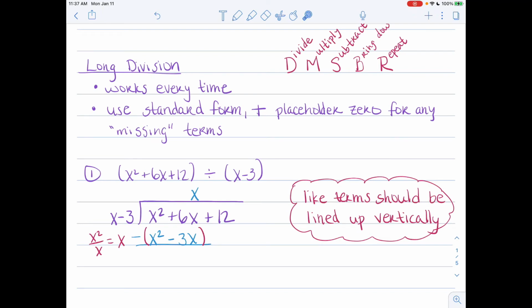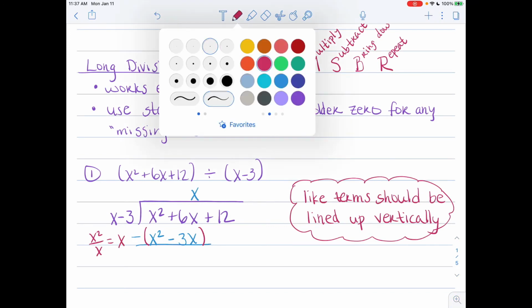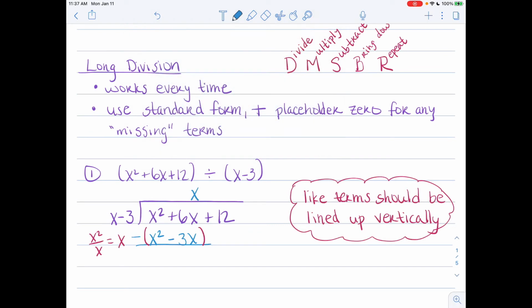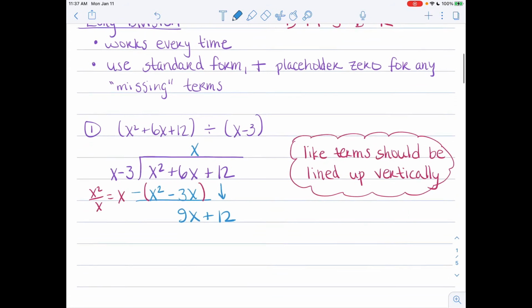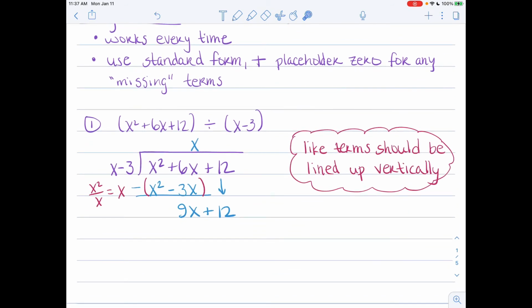X squared minus x squared will give me 0. I don't have to write that. X squared minus a negative 3x, well, that's going to make it a positive 3, and I can write that as 6 plus 3 is 9x. Now I bring down the plus 12, and I'm going to repeat my steps just like I did in regular long division.